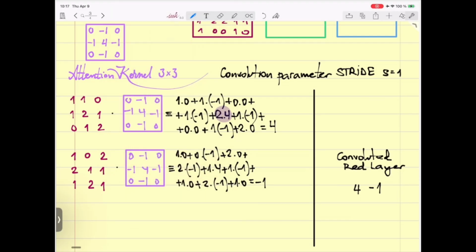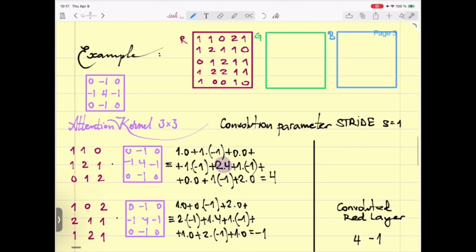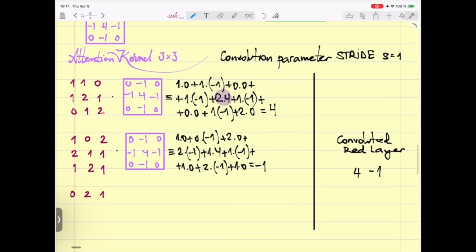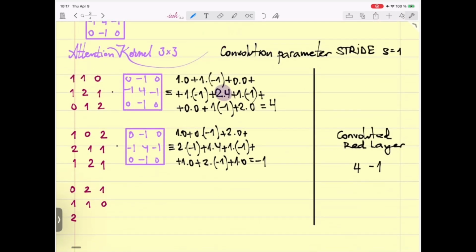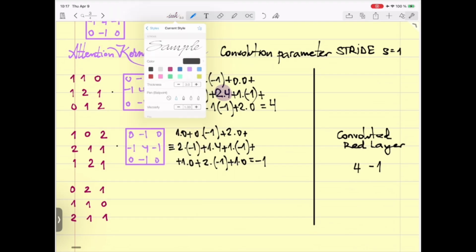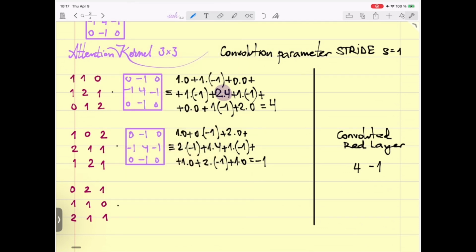We move again. 0 to 1. 1, 1, 0. 2, 1, 1. Times, again, the same filter: 0, minus 1, 0, minus 1, 4, minus 1, 0, minus 1, 0.